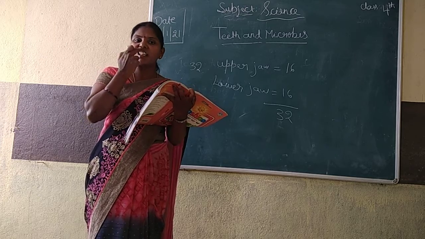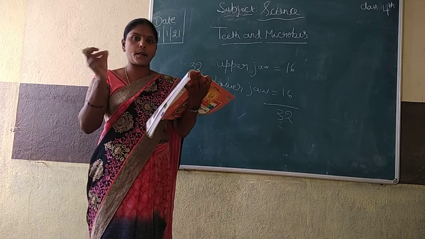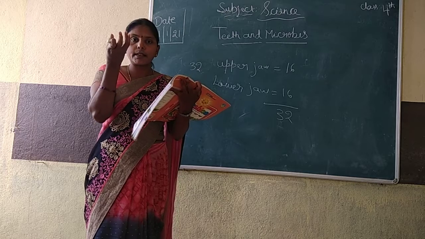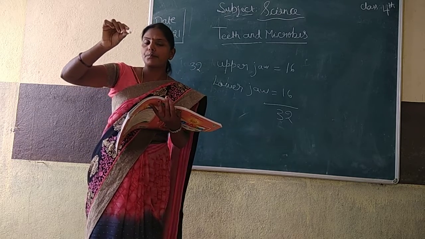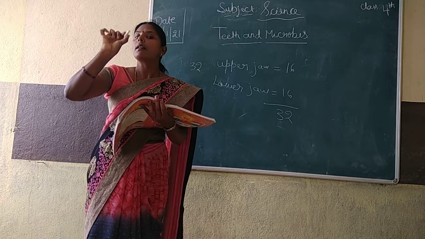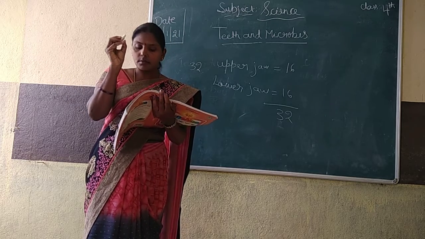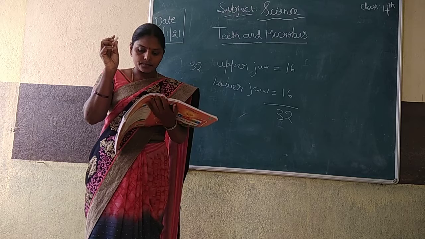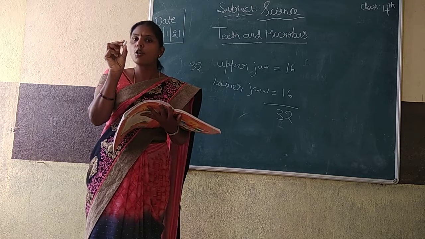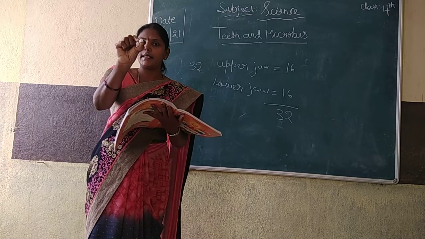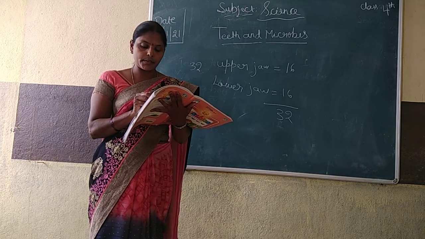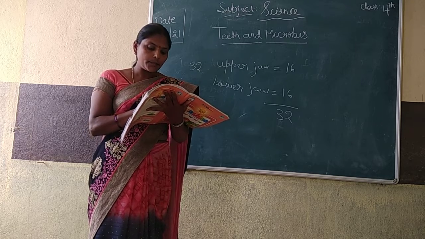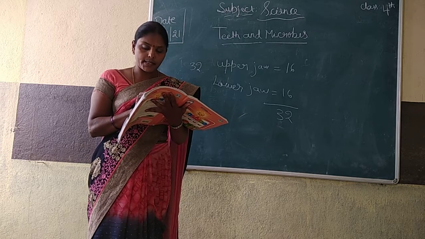This one is the soft gum. That holds our teeth, like I am holding the chalk piece in my hand. The soft gum holds our teeth like this. Understood? The soft gums hold our teeth tightly in their place.